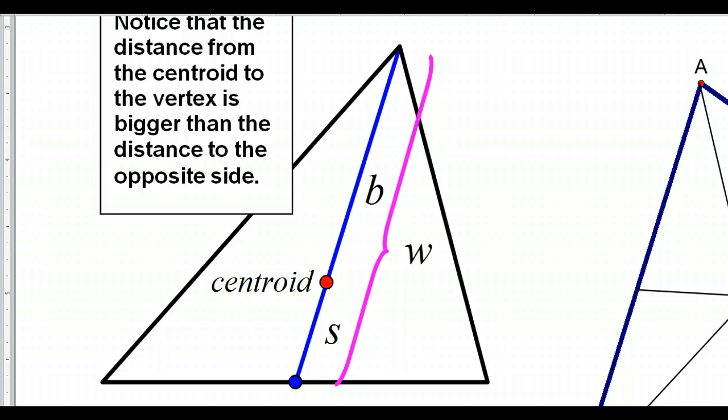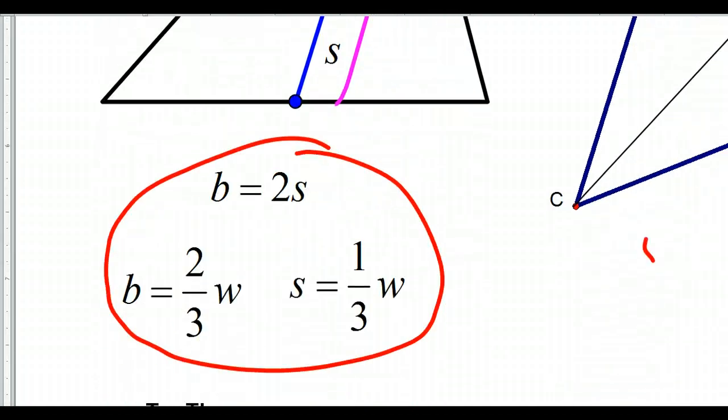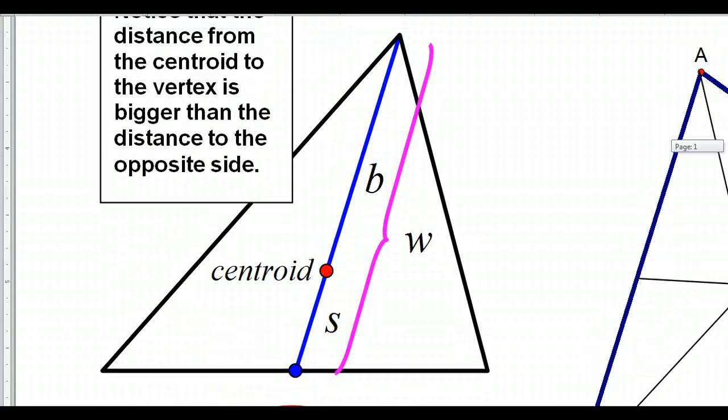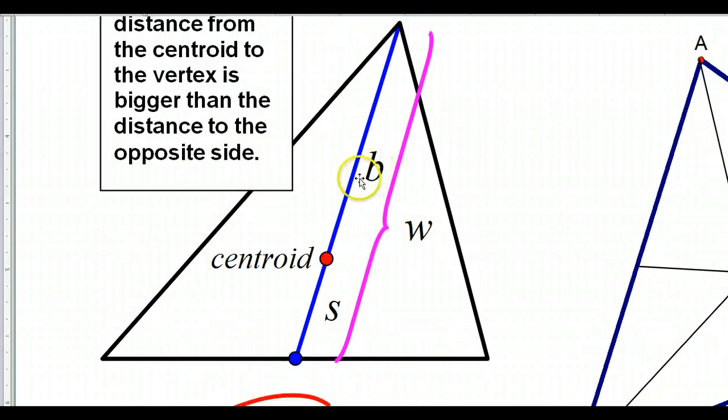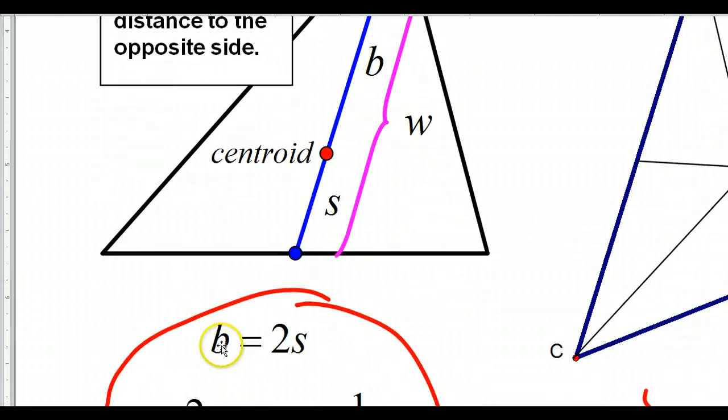Basically you're going to want to memorize these formulas. The big piece is twice as big as the small piece. That's the first formula right there.